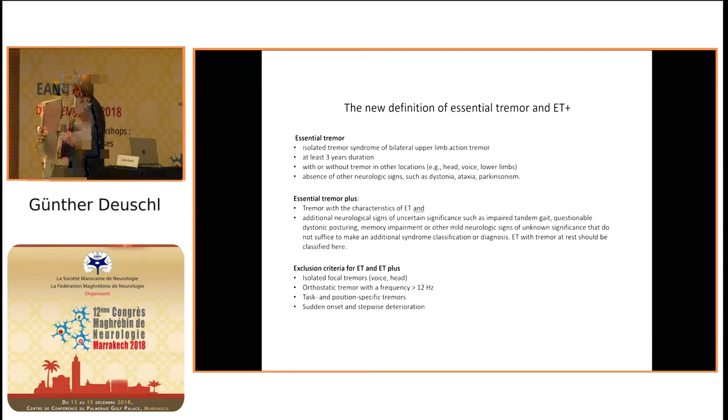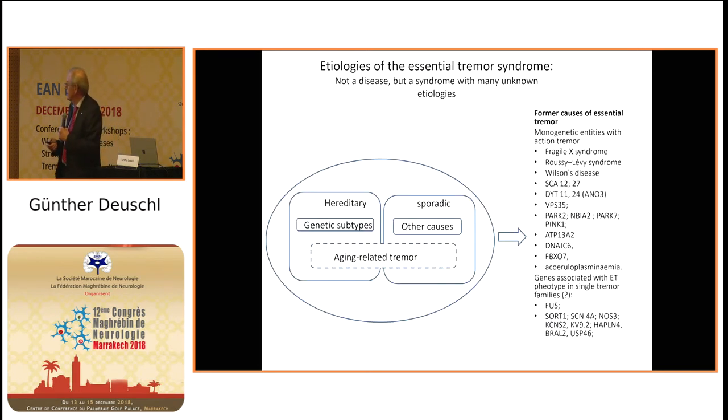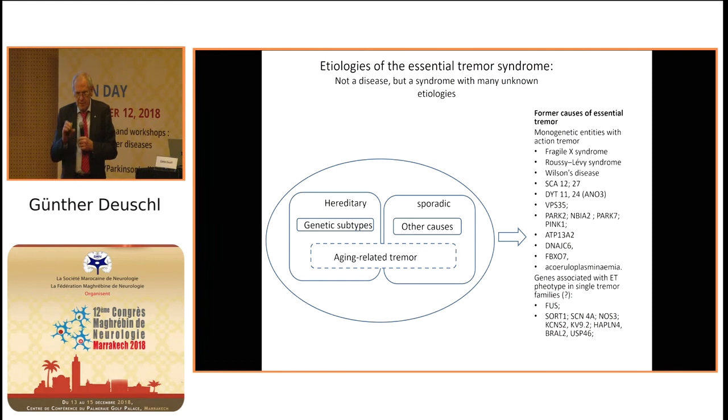We do have a number of patients which do not fulfill this definition. In the essential tremor research field, we are looking for genes and for whatever, and we are constantly unsuccessful. So particularly for essential tremor, the picture on essential tremor has changed.